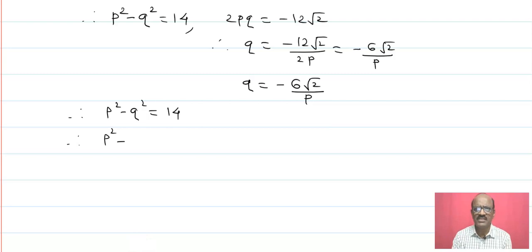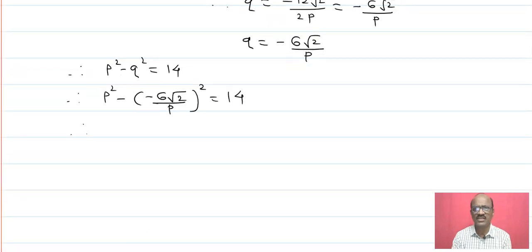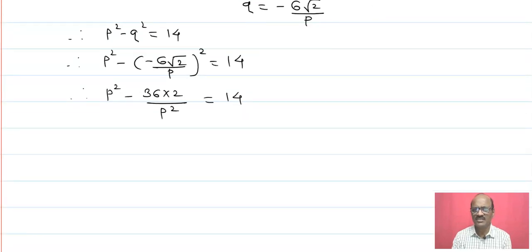The problem is easy, the same steps are repeated, but in the calculations you require high concentration for this problem. A small mistake will make your answer wrong. That is, p squared minus (6 root 2 upon p) whole squared is equal to 14.